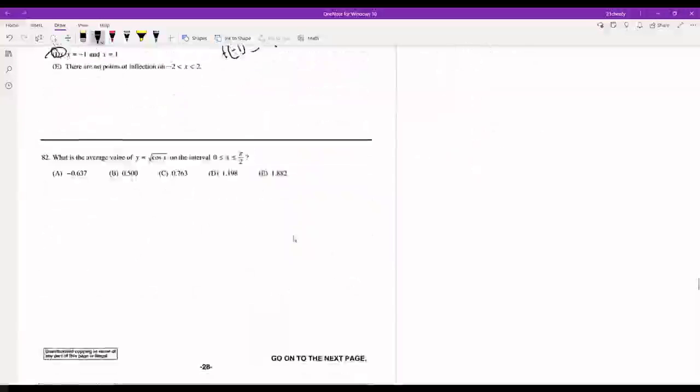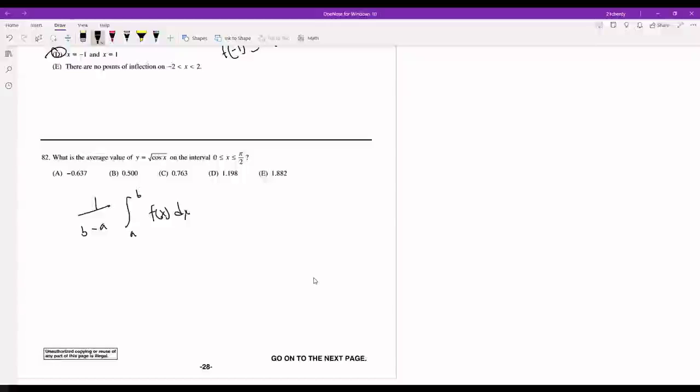All right, 82. What is the average value of y equals the square root of cosine x on the interval 0 to pi over 2? This is pretty simple as long as you know the formula for the average of a function over a certain interval, which is 1 over b minus a, times the integral from a to b of whatever function.